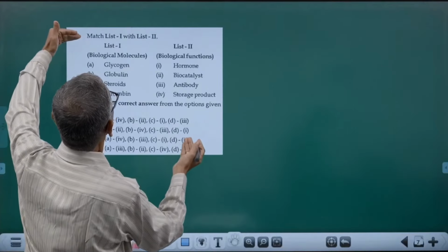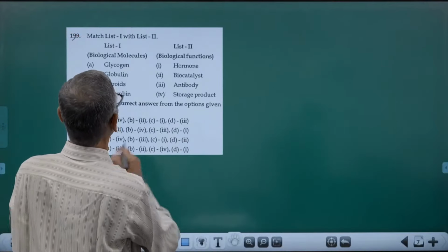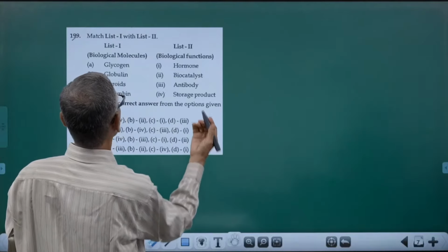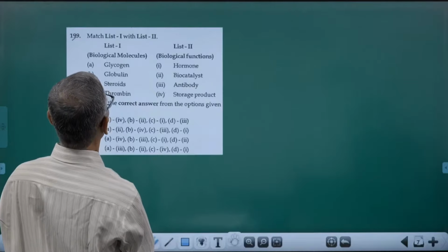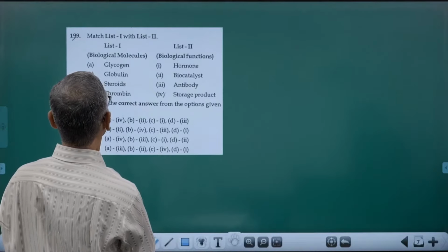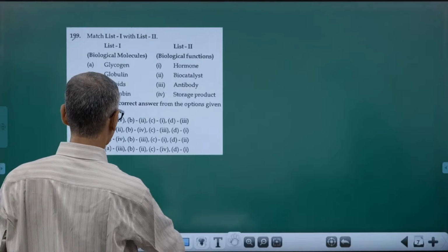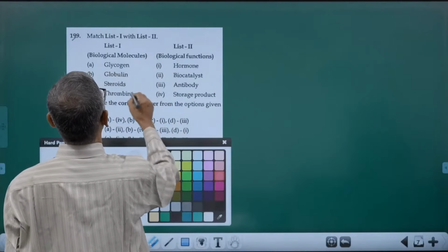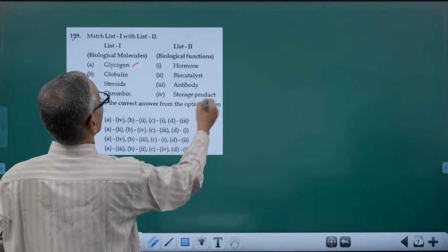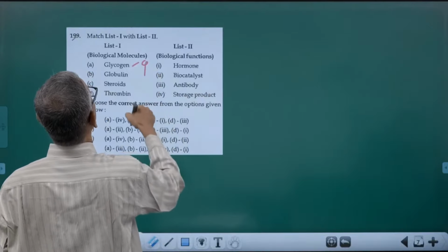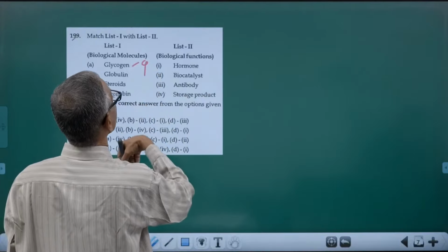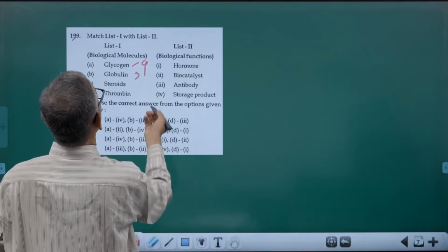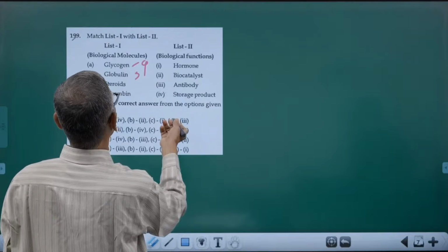Again, we have biological molecules. Match the following. Glycogen: what is glycogen? It's a stored product. Animals store this excess food material in the form of glycogen. Immunoglobulin: it is an antibody. What are steroids?